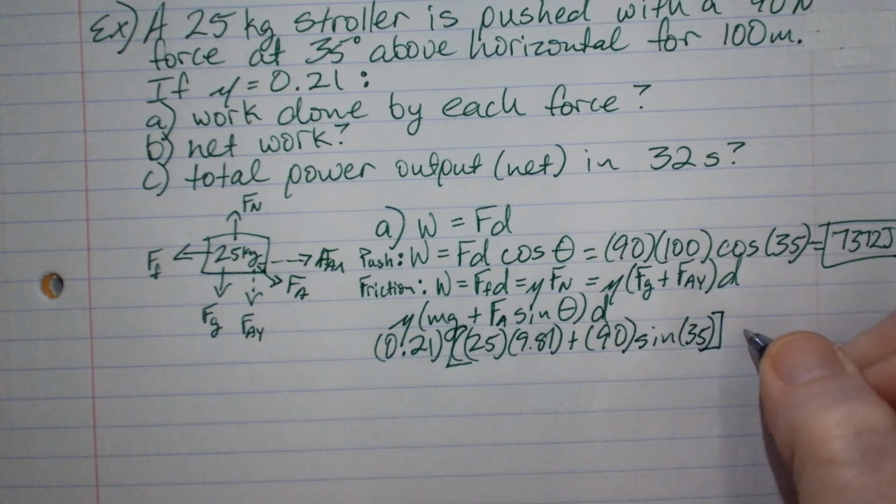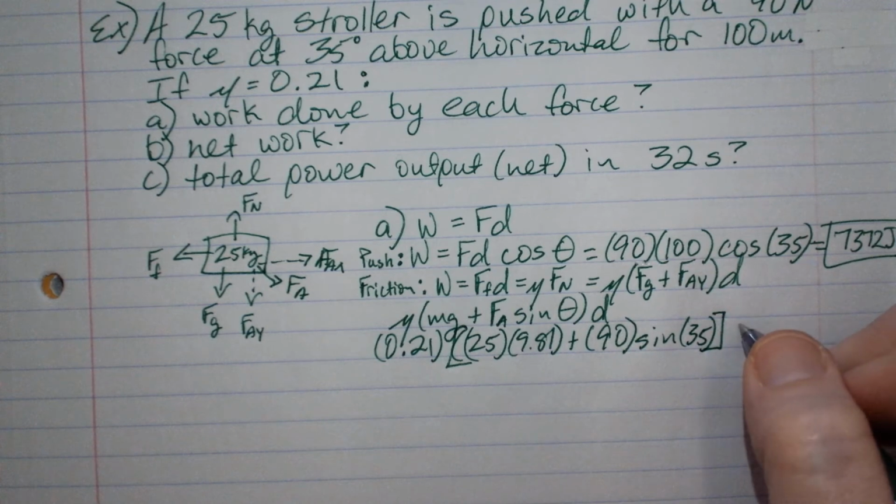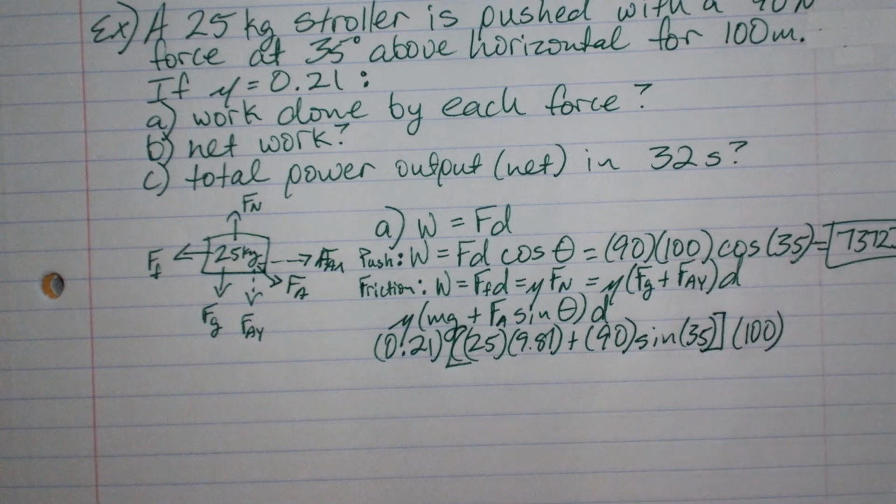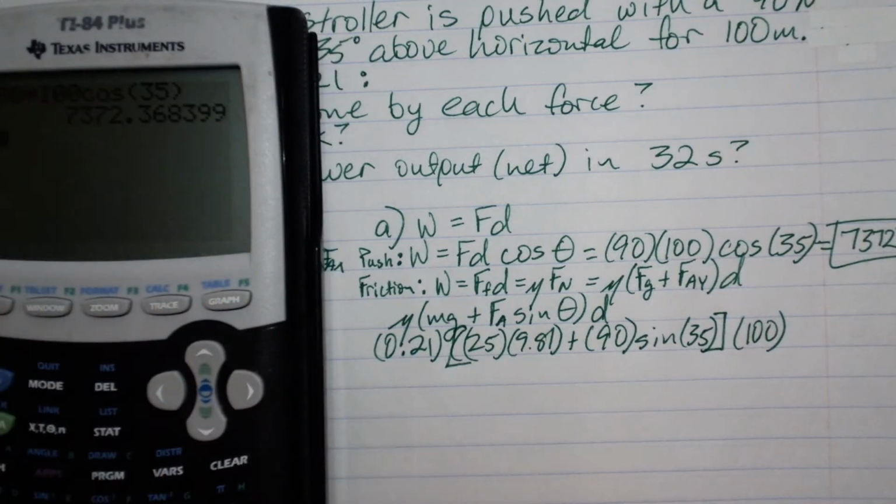And all of that also times your displacement, which is 100. Believe it or not, you can stick that all in your calculator. So 0.21 times, open parentheses, 25 times 9.81 plus 90 sine 35, times 100. All right, and you get that.